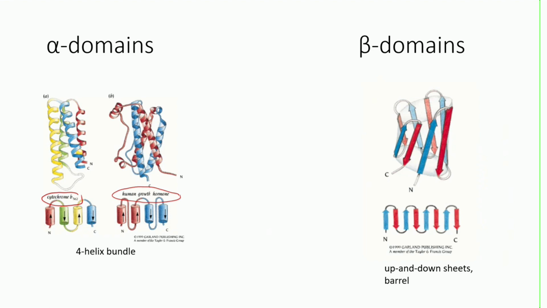And as for the domains containing only beta pleated sheets, we have an example of up and down sheets creating a sort of barrel. It's a term used in protein structure.